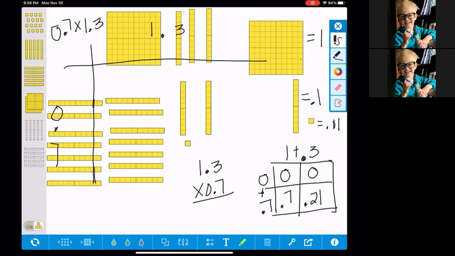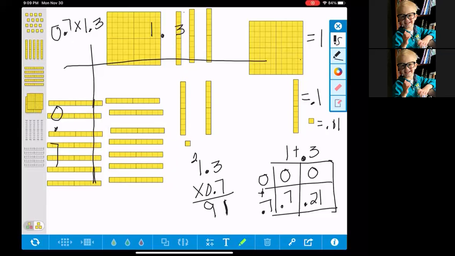And again, that language of 7 times 3 is so misleading because it's not a 7, it's not a 3, it's 7/10 and 3/10. And then 7/10 times 3/10 would be our 21, and then 7 times 1 would be 7, 8, 9.